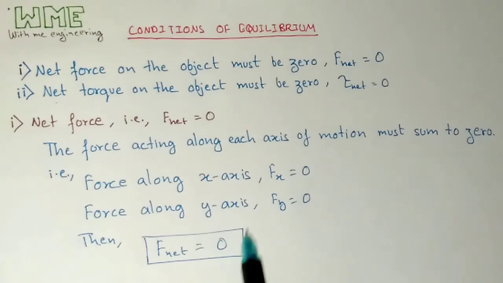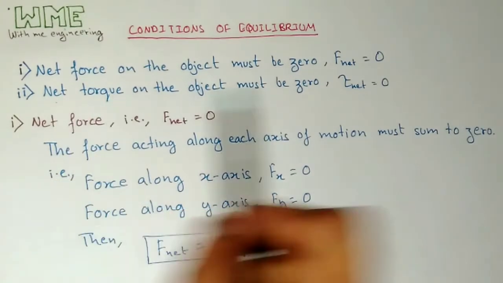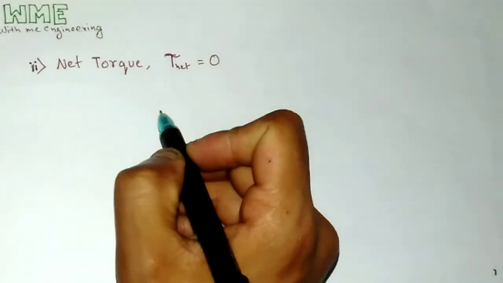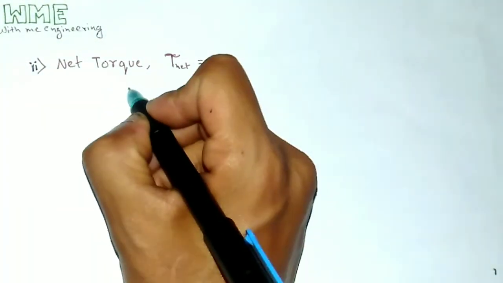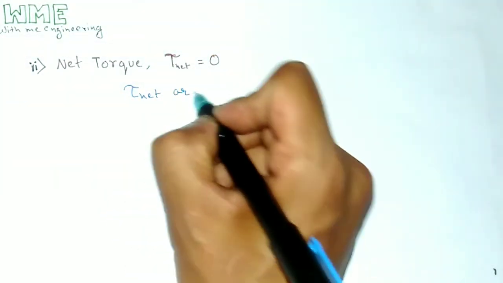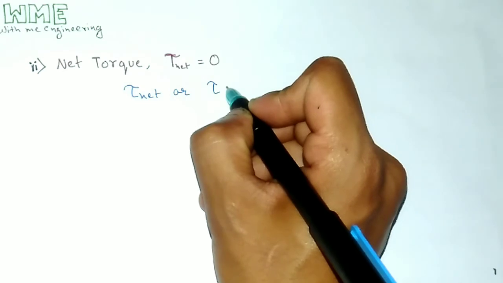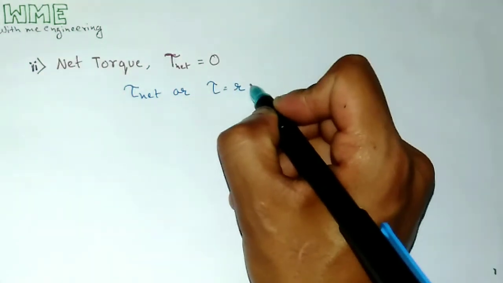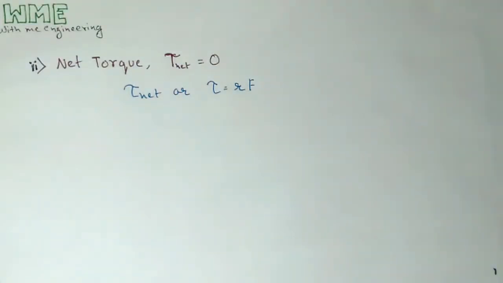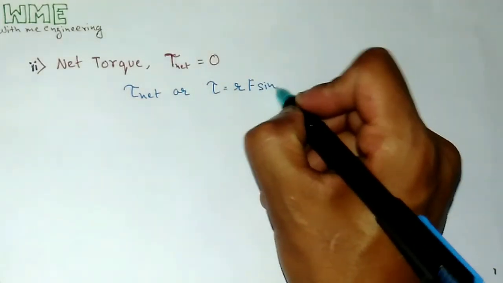But there is also one other condition: the net torque, that is tau net, should also be 0. Now let us see how this is achieved. The formula for torque is radius multiplied by the product of force and sine of theta.